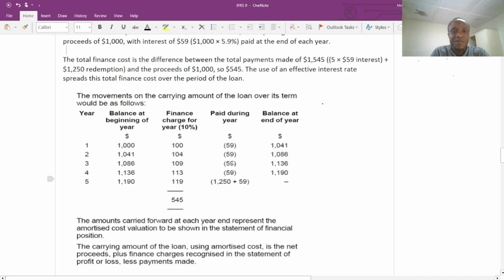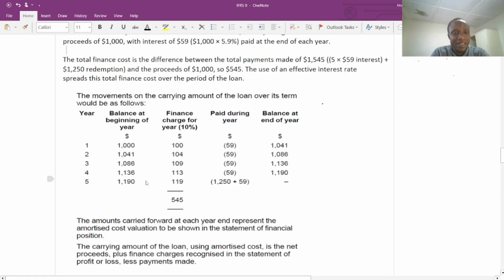Then the 59 will be the same, because we apply the 5.9% on the nominal value, not on the closing or the opening liability. Very important concept and distinction that you need to know. I'll repeat it again: the cash payment will be calculated on the nominal value, not on the closing or opening liability.